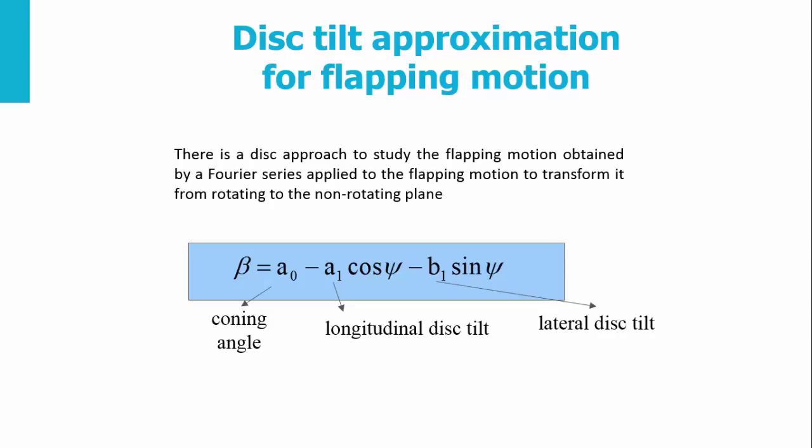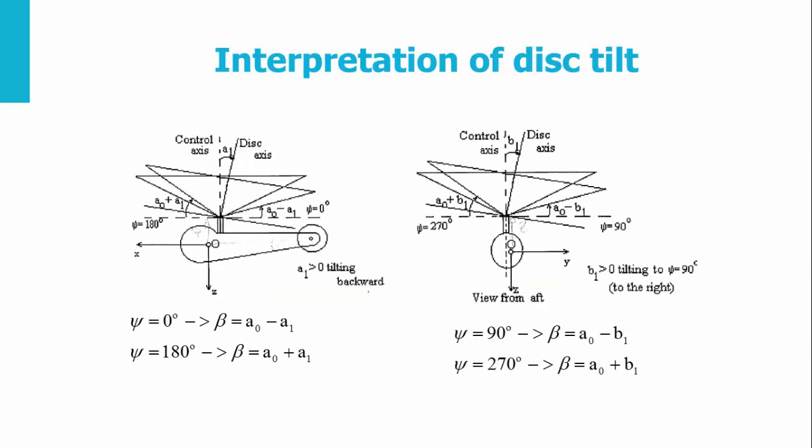In this sense, you see here the first Fourier series applied to the flapping motion. Of course, this depends on the cosine and sine of the azimuth of the disk. How to interpret this disk-tilt? If you have the blade of the helicopter seen from the longitudinal plane, this is the azimuth position 0.